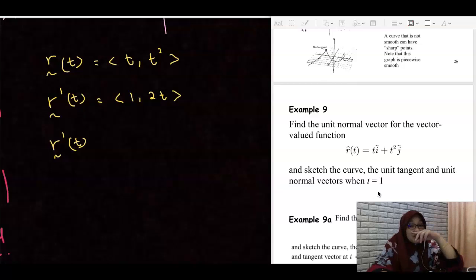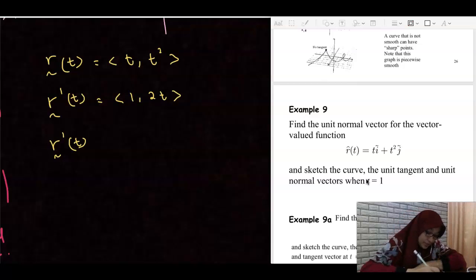In the complete version of the question, they will give you a function, ask you to compute the unit normal and unit tangent for the specific t, and then you have to sketch them. There is a reason why they give you the specific t, so we can make use of that. If they don't ask you to sketch, it's just calculation.